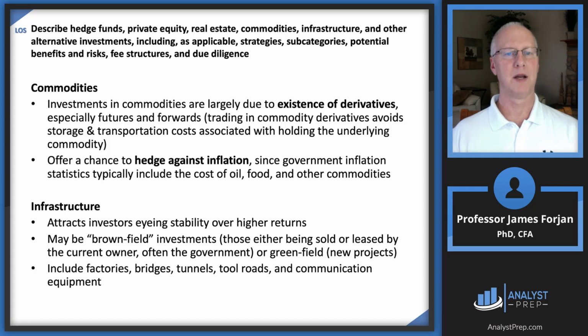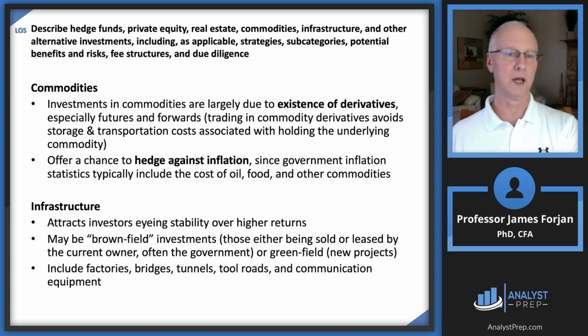How about commodities? Most people don't go out and buy farmland or a natural gas well, but they get exposure through derivatives. You can easily buy or sell futures contracts and option contracts, even swap contracts, and so you can gain access to the commodity market.